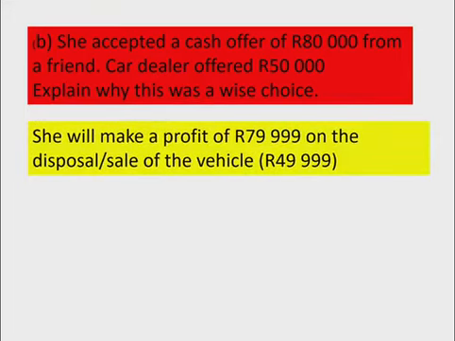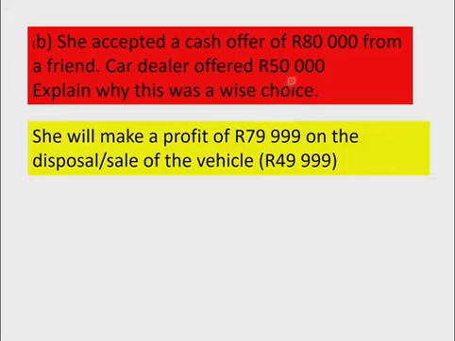And there we have the answer. Remember, the carrying value is only R1, and we're selling it for 80,000. So we're selling it for 79,999 Rand more than the carrying value, which means we'll be making a profit of 79,999.